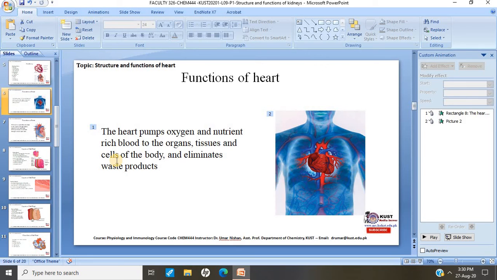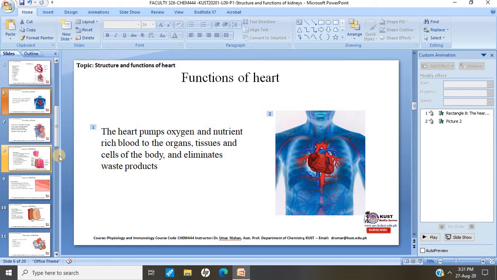When the heart receives blood, it can receive it in two forms. Either oxygenated blood, which is pumped to the different organs, tissues and cells of the body, or deoxygenated blood, which it pumps to the lungs, where gaseous exchange takes place, and it is oxygenated.